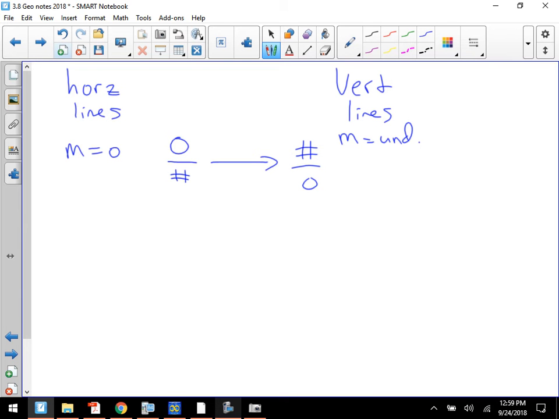Okay? Now, here's where it gets kind of weird, and this is the shortcut that people tend to forget. What's the equation of every horizontal line? Where does it always start? Y equals a number. It's always y equals a number.